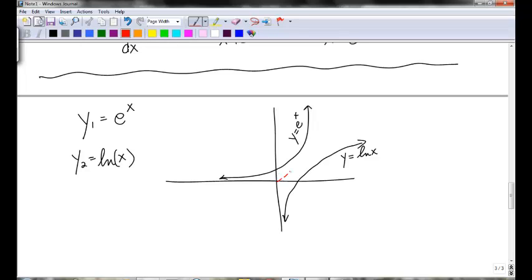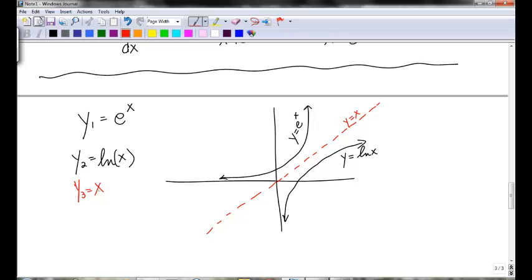Inverses are symmetric about the line y equals x. So if I graphed in y sub 3 y equals x, and if I do a zoom 5, zoom square, it's going to square it up a little bit, make it look better.